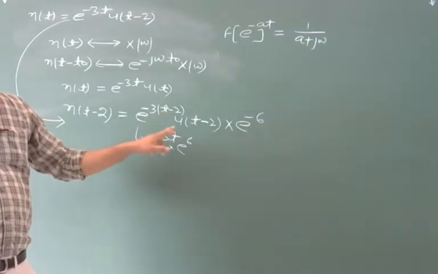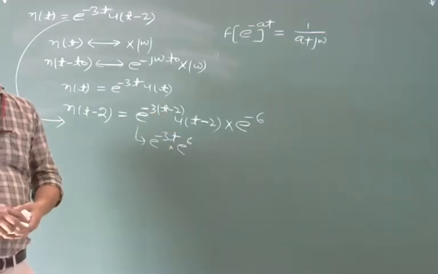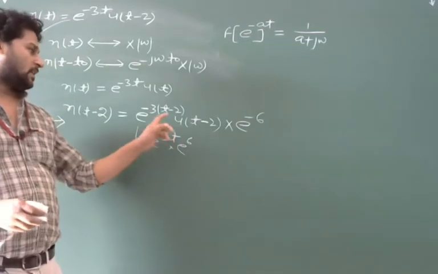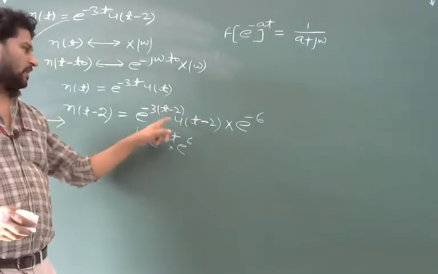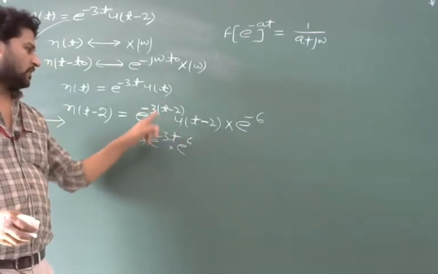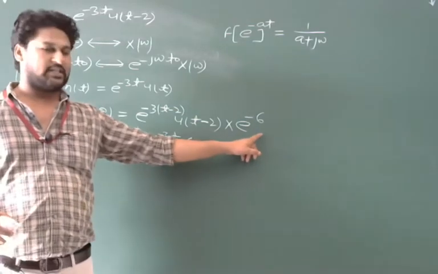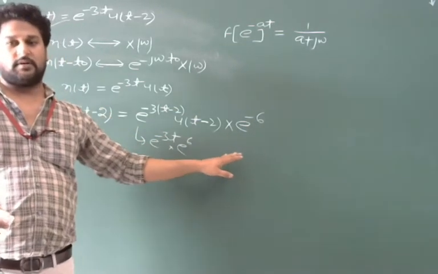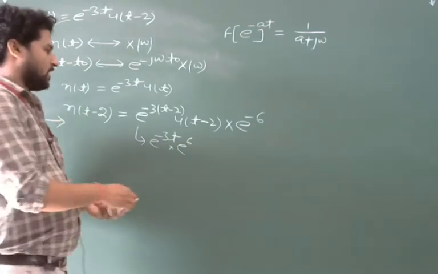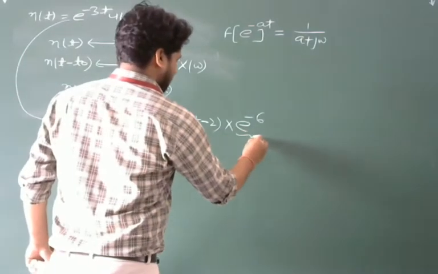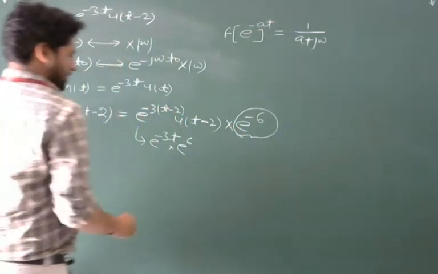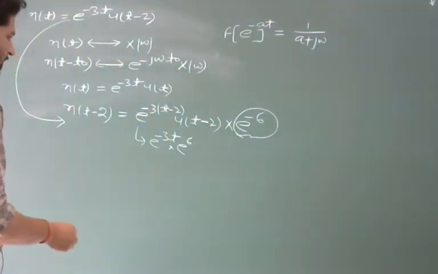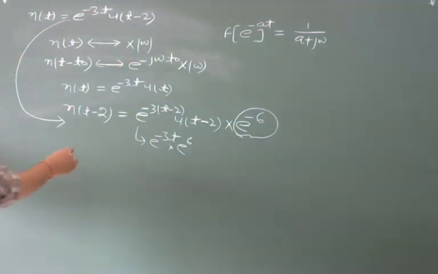So if you are shifting the signal by 2 units, you have to multiply by a term e^(-6). Now we can apply the time shifting property of the Fourier transform. This is a constant term, it will remain outside.